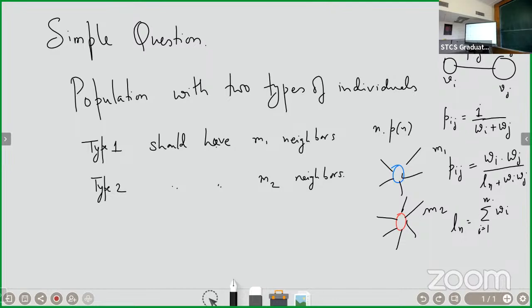So I want you to carefully look at what I have done. Is it general enough, what I'm trying to do? If you replace Wi by the expected degree, then the expected degree is just n times p.